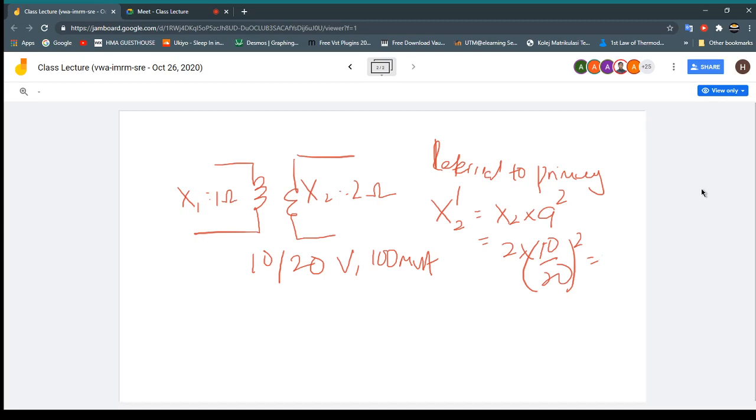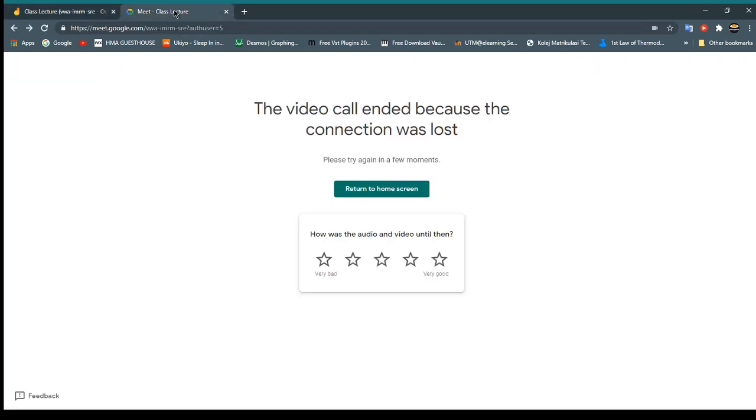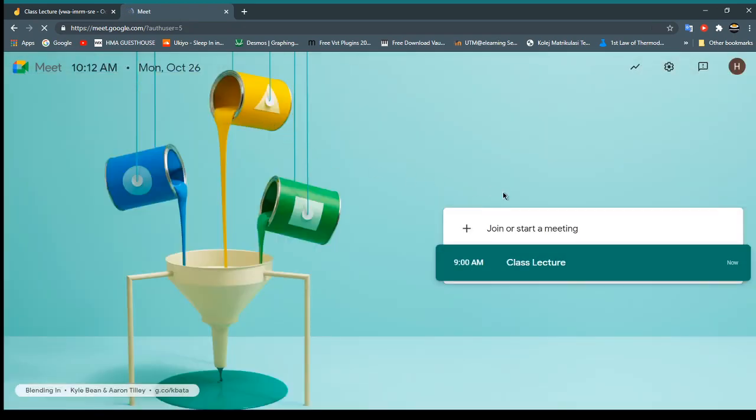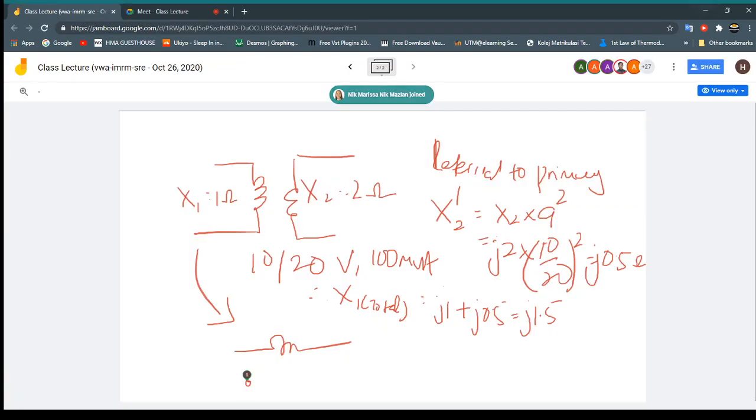So you get 0.5, correct? So this is X1 total, j1.5 ohm.